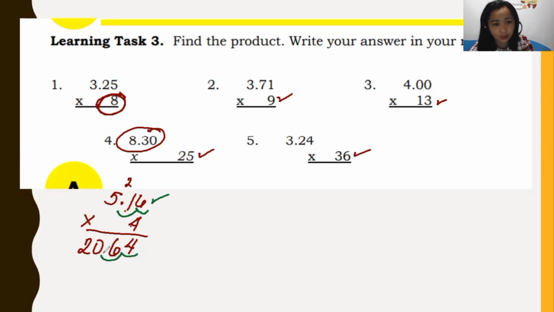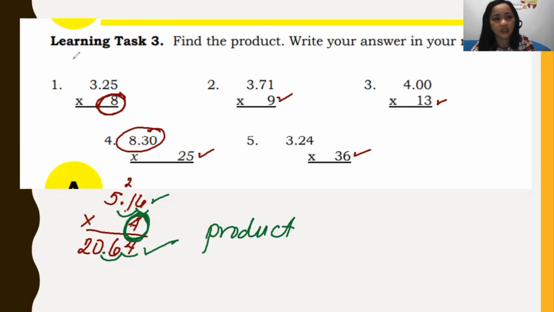Doon mo ilagay yung decimal point. So we have 20 and 64 hundredths. So may partial product ba tayo dito? Wala. Diretso siya sa product. Bakit walang partial product? Kasi whole number, iisang digit yung ating multiplier.